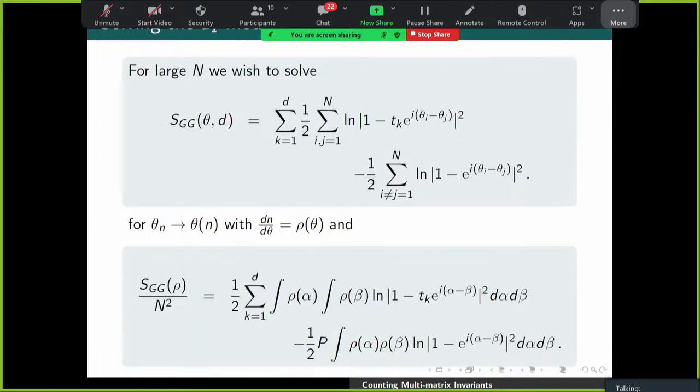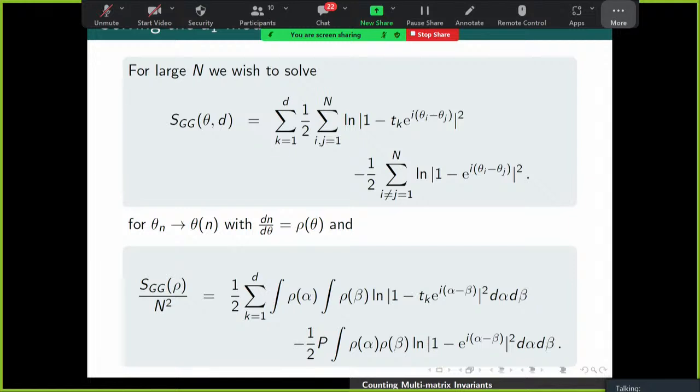For large n, we can look at the other side of the transition, by going to a continuous variable, the density of the eigenvalues of A, which are our theta i. We can write the effective action in terms of a density of eigenvalues.